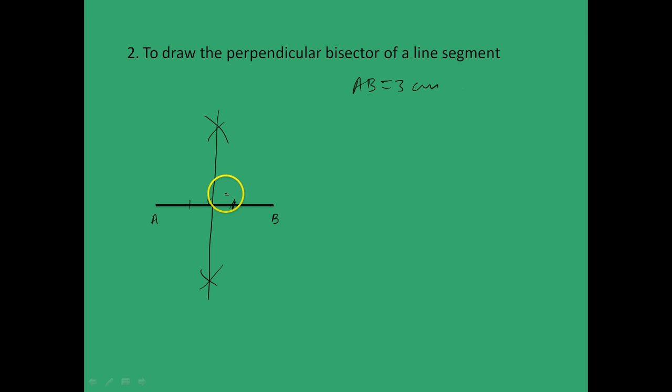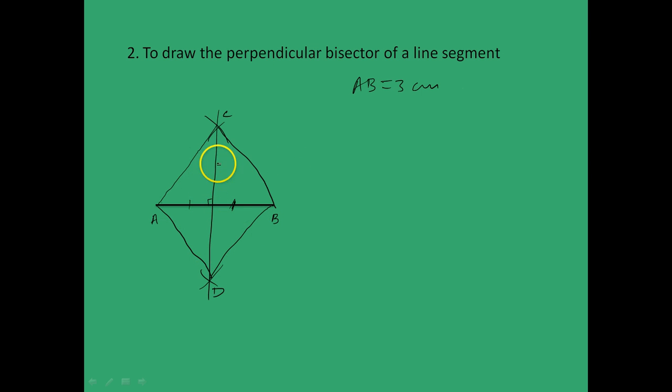And let's see how we can justify this construction. Join point A and point C, and join point A and point D, and point D and point B, and point C and point D. Really, you just need these two actually, but anyways, I do this just in case.